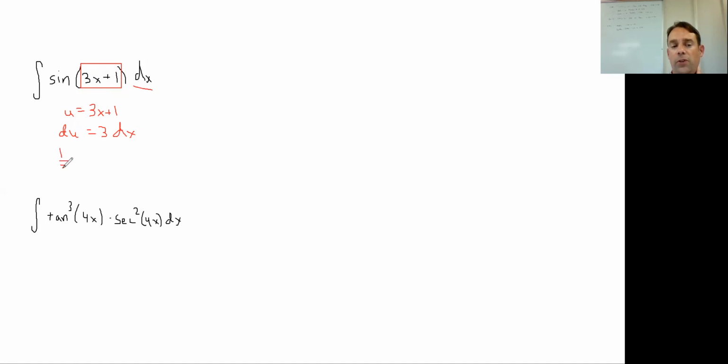So our u substitution works with trig just as well as it does with power rules. So this ends up becoming sine of u times 1/3 du.